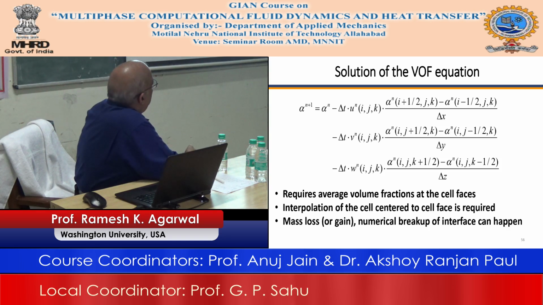Normally explicit is going to give you a very good answer, and this is all you do. Now, these quantities, just like I showed you here, you simply average at the middle points, and that's it. So you can have interpolation of the cell center to cell face. All right. Now, what kind of interpolation will be okay?